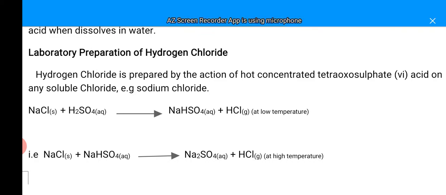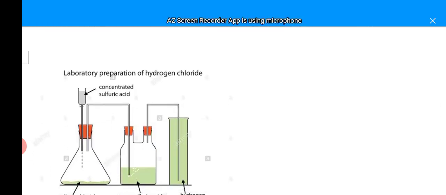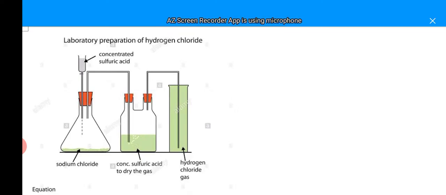Moving forward, this particular diagram shows the setup for the laboratory preparation of the hydrogen chloride. We have the sulfuric acid, that is concentrated tetraoxosulfate(VI) acid, inside this funnel, and we have the conical flask containing the sodium chloride. When we release the acid from the funnel into the conical flask, we're going to have evolution of gas.